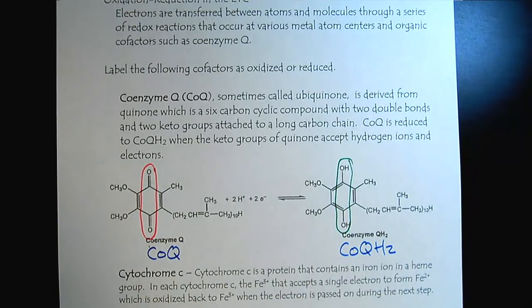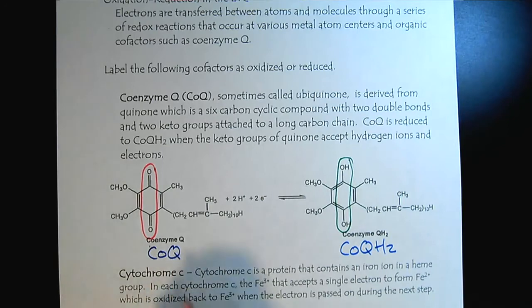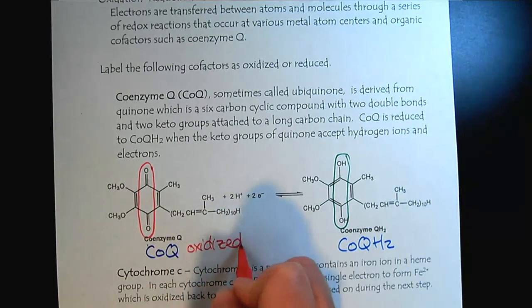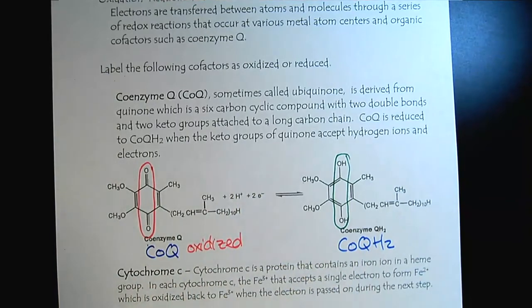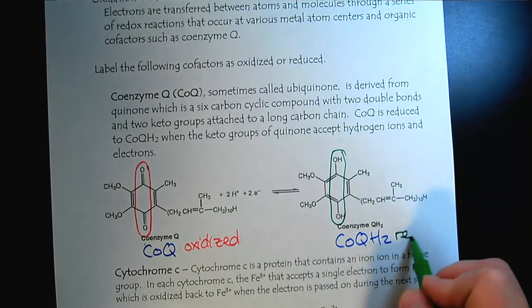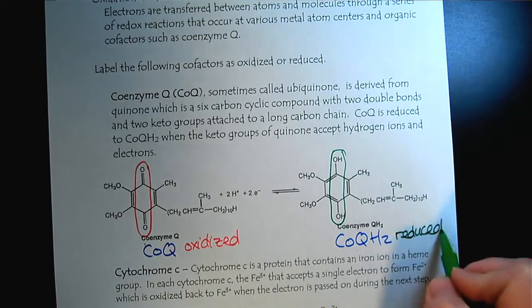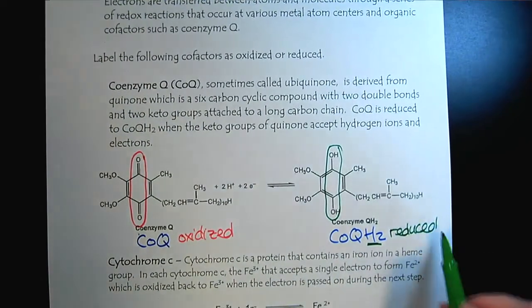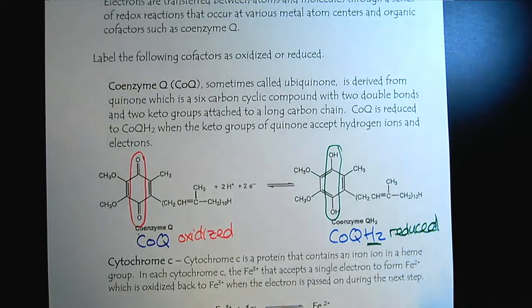So if we look at these two molecules based off these structural differences, we recognize that coenzyme Q is the oxidized form, and that the CoQH2 would be the reduced form. And that's not too surprising because we've come to associate hydrogens with the reduced form. And so we see there are more hydrogens present.